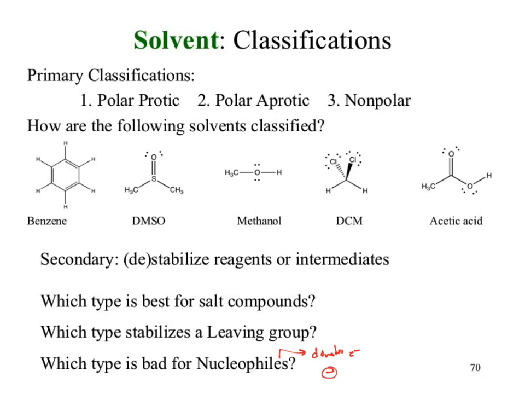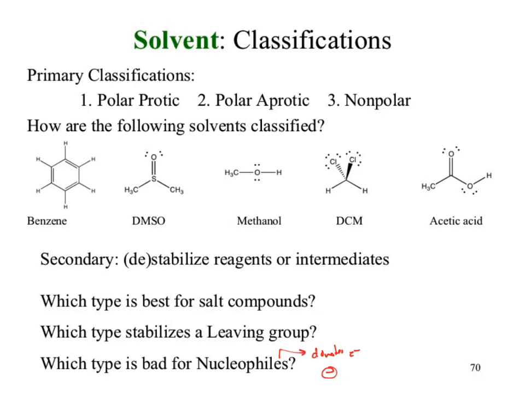A base accepts protons. Okay? And we're using the proton there in reference to the hydrogen, and we're really trying to use that word because it helps us differentiate the base from the nucleophile, because they have very similar reactivities. Okay? And an acid, a proton donor.